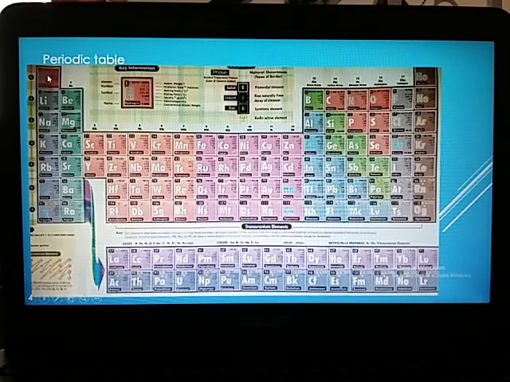Pinakauna is hydrogen with atomic number of 1. Then, helium with an atomic number of 2. Then, lithium with an atomic number of 3. And beryllium with an atomic number of 4. So, yung apat na yan are considered to be the lightest elements.